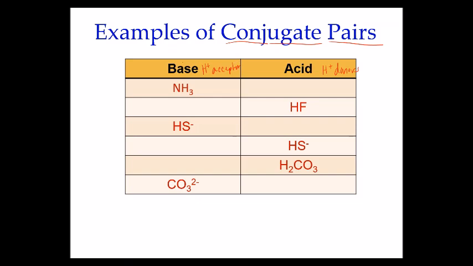For going from the base over here to the acid, we need to add in an H+. Adding in an H+ is going to make this NH4. So adding the H, but then this one has a charge of +1, so you're adding in an extra +1. That, of course, gives us ammonium for the acid in comparison to the ammonia base.